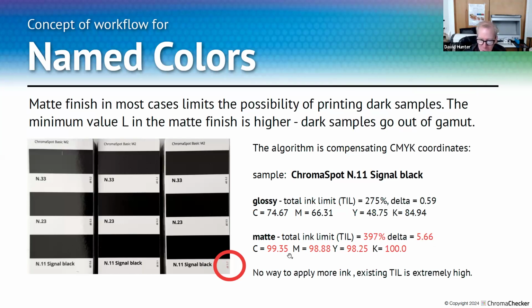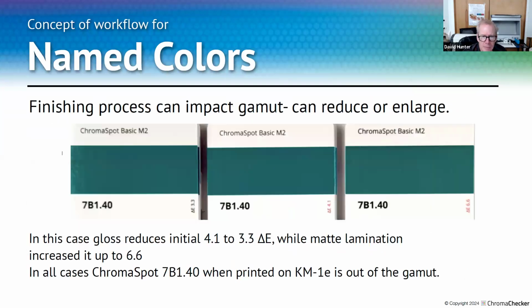And you can see it's using the maximum amount of ink, almost 400% ink, not that you ever want to do that, but it's just telling you, hey, if I max out all my inks, I'm still almost 6 delta E different from the color, and it's because of the coating. Hence, why you need different lookup tables for different coatings. And it can go either way.